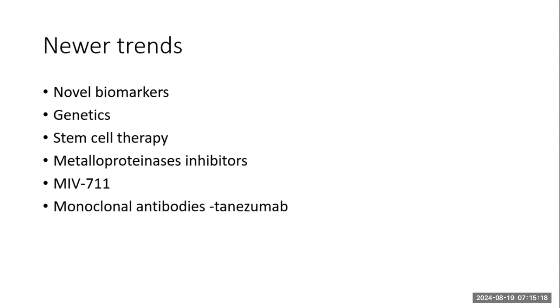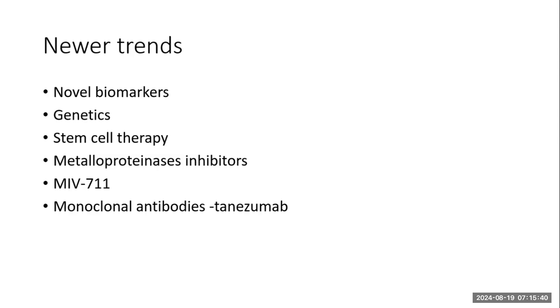They've also talked about genetics, because they found out that some genes are actually involved in osteoarthritis, and this includes the ADAM gene, POL 11, 17, and some other genes. But I'll add them to the slides later.